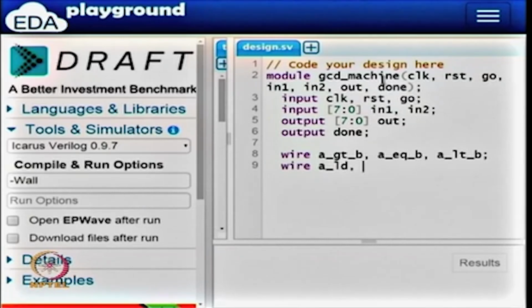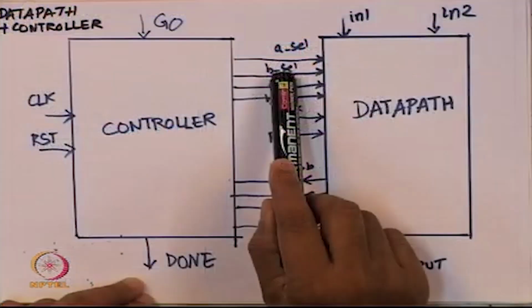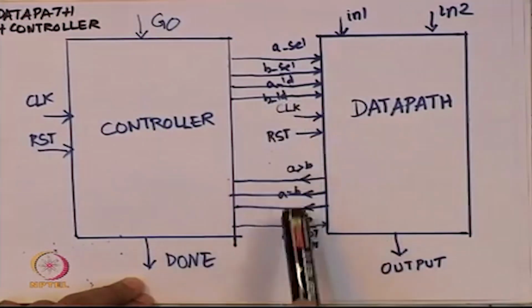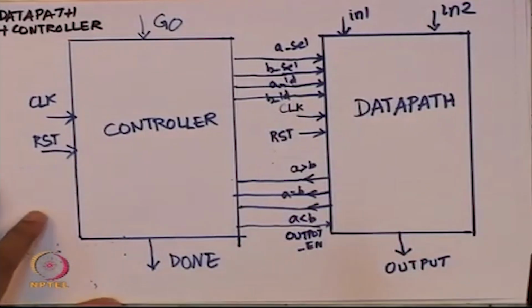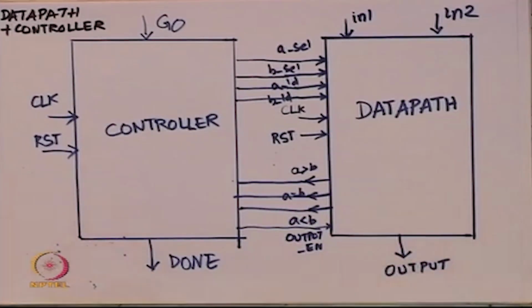So that is A load, A select, I think I called it, then B load and B select, right. So this takes care of connections that are going out of the controller, and one more signal that is supposed to come out of the controller is output enable. So if you look at the picture, we have taken care of these wire declarations, right. All these wire declarations are taken care of.